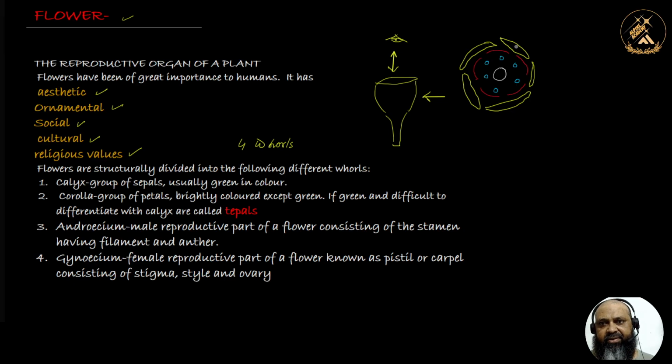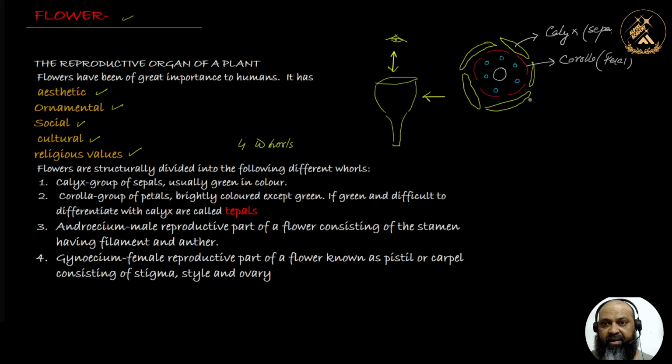This is the external most whorl, which is very famous by the name of the calyx. It's a group of sepals. Each member of that is known as a sepal, right? And the second, the red one, which I am showing over here, is known as the corolla. Each member of them is known as a petal.